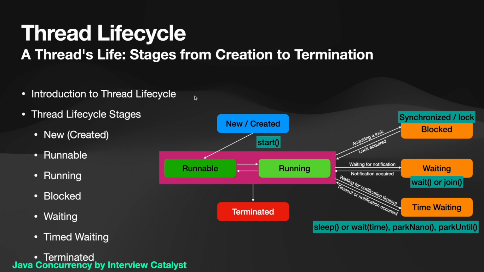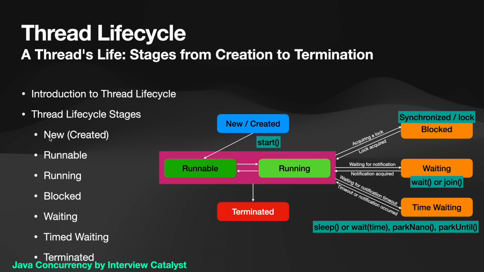Let's explore each stage of the thread lifecycle. First one is New. When a thread object is created by using new Thread, it enters the new state. At this point, the thread hasn't started yet. It's just an object waiting for the start method to be called.